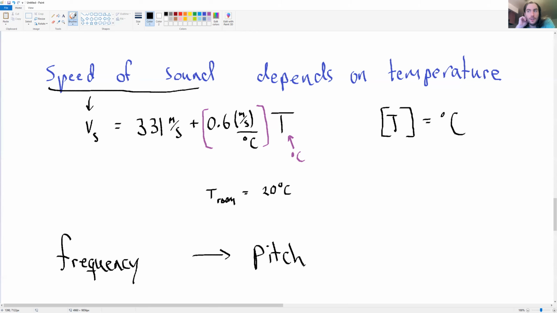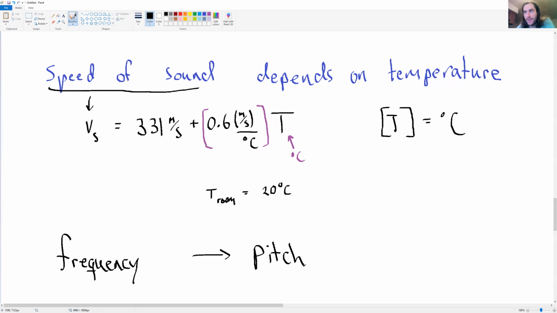For example, as we age, our hearing tends to shift downward a little bit in pitch. Somebody like a senior citizen, 65 or so, might hear sounds a little bit flat compared to a younger person.